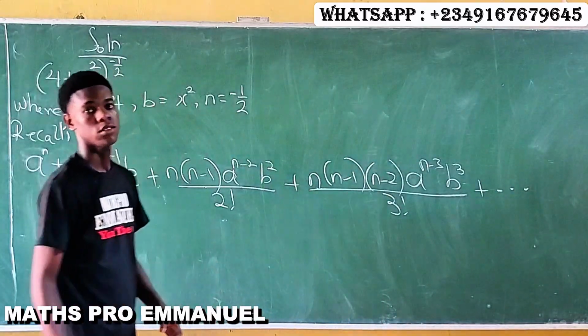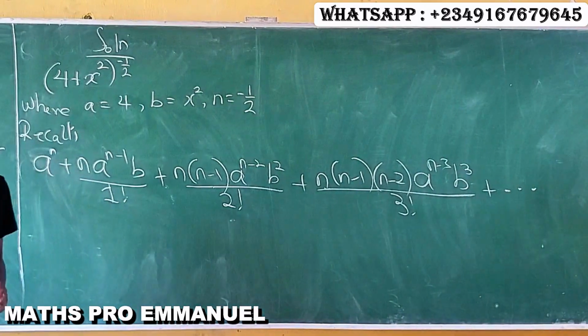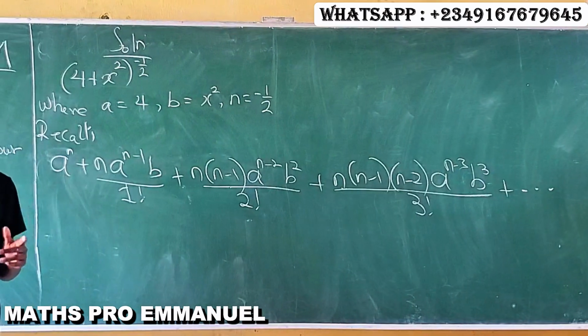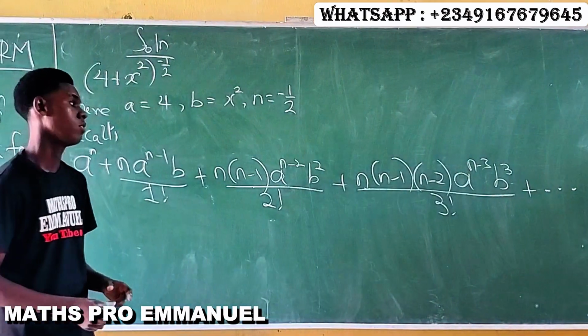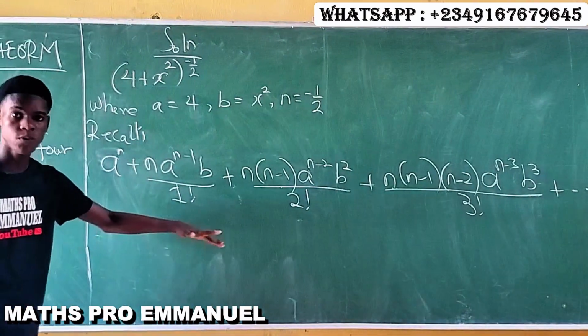That means it's still going. I provided this formula in the very first video when starting binomial expansion, so you can click the link in the description for that video. Now I'll be using this formula to expand this.